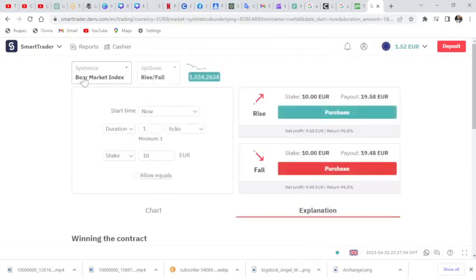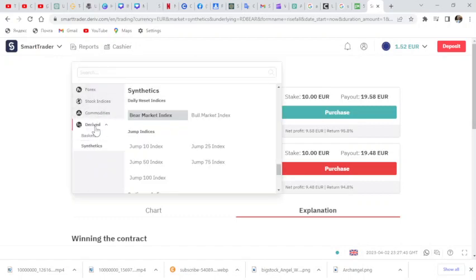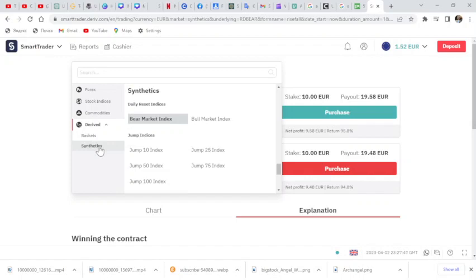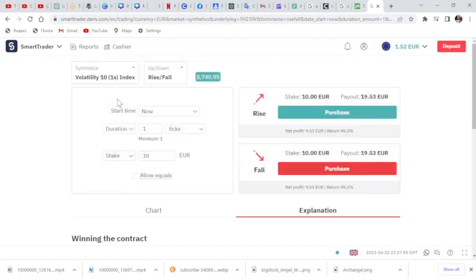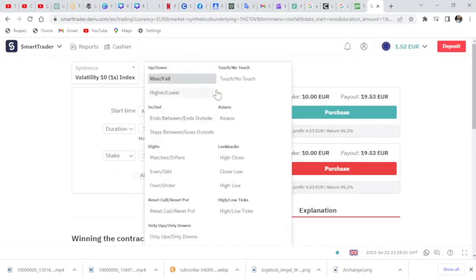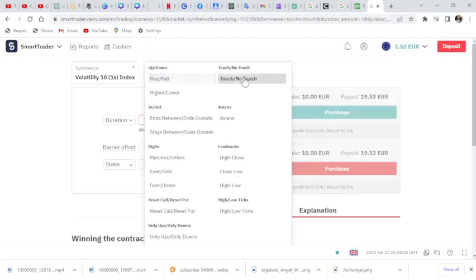You're going to come on here where you see where it's written bear market index, you're going to come on Deriv, you're going to come on synthetics, and you're going to come on volatility 10 (1s) index, and you're going to come on touch or no touch.